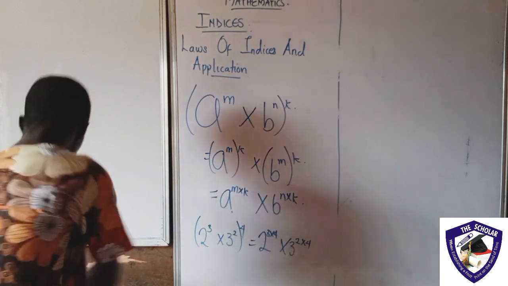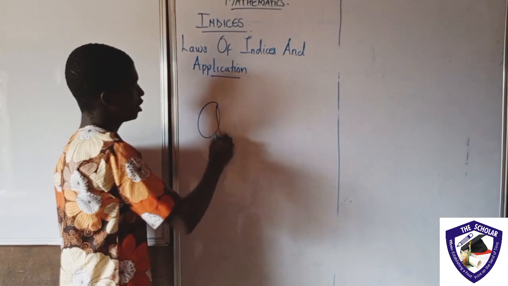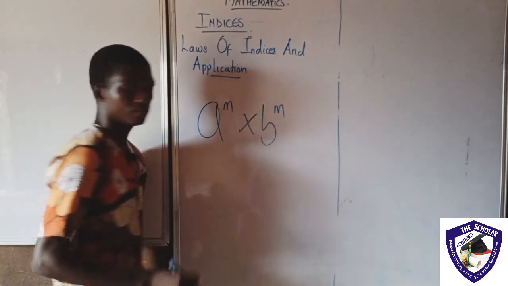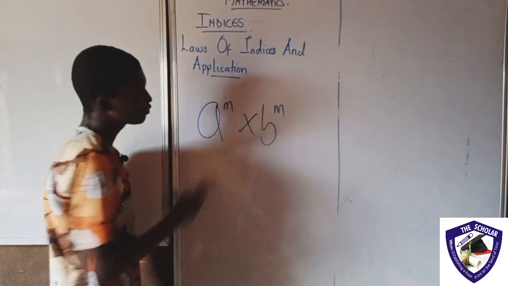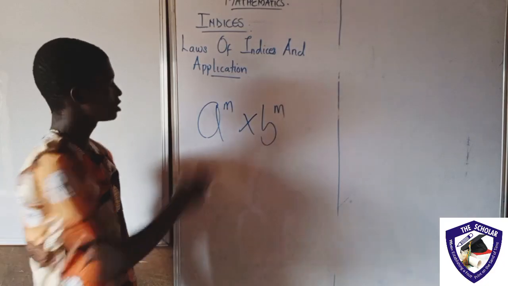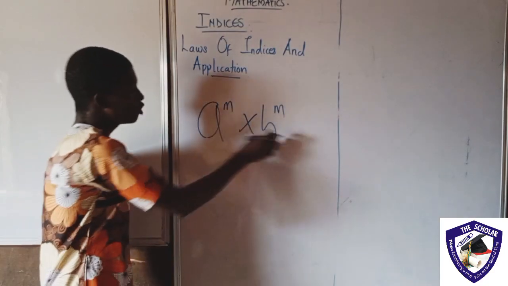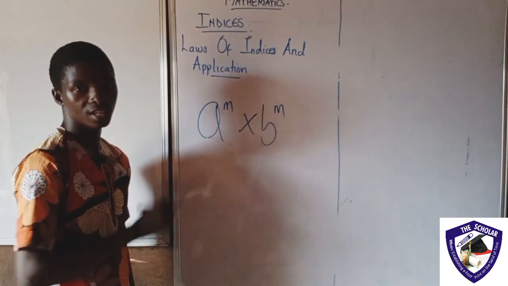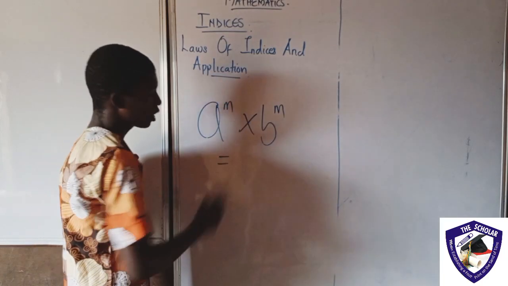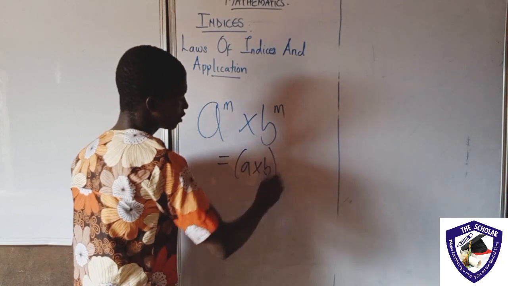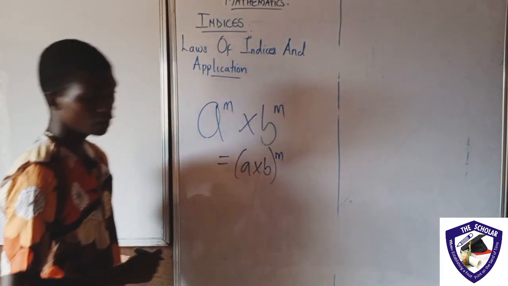Now let us move on to the next law. Here we have a raised to the power n times b raised to the power n. Here we have two different numbers of the same power. This tells us that the result is a times b raised to the power of n.